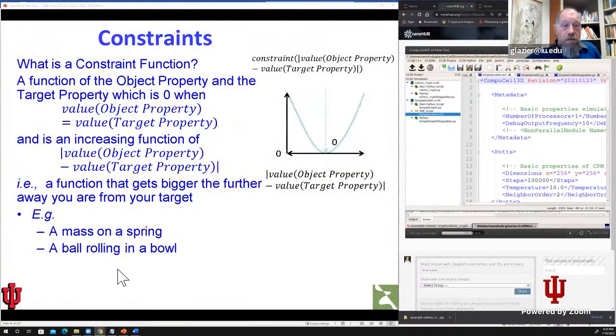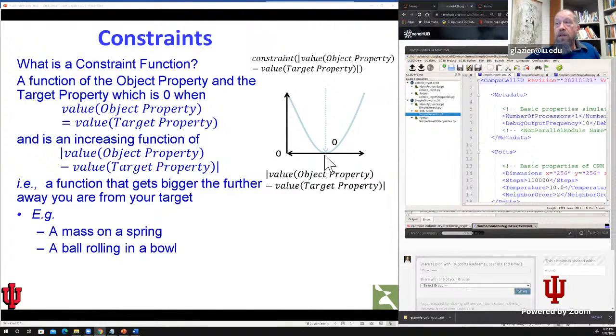So what is a constraint? A constraint is a function of the object's property and its target property. It also has the characteristic that when the property and the target values agree with each other, its value is 0, and that when the actual value moves away from the target, its value goes up.